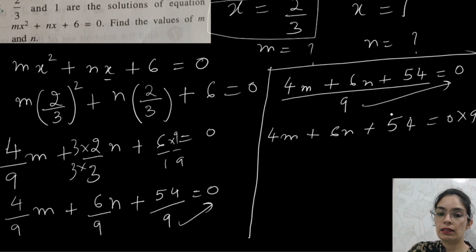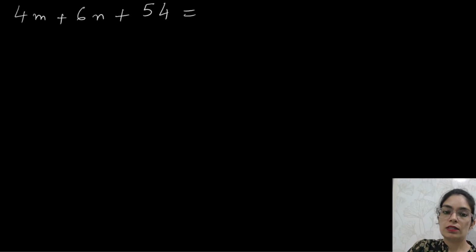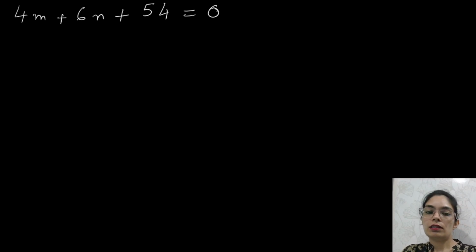As 9 is getting divided here, when we shift it to the other side, it will get multiplied. So the equation will reduce to 4m plus 6n plus 54, 0 into 9 will become 0. If you multiply anything with 0, it is 0 only.